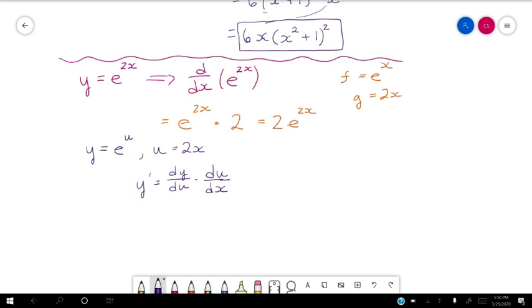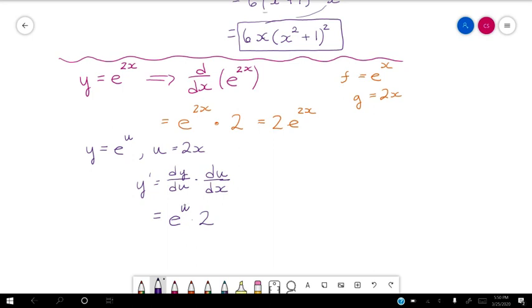Okay, so let's do it. So y, take the derivative of y with respect to u. What's the derivative of e to the u? It is e to the u. And what's the derivative du dx? Well, the derivative of 2x is 2.